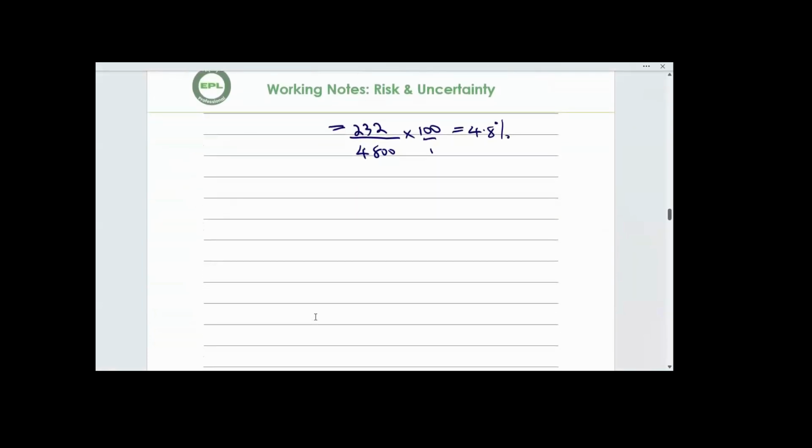So I would then say the investment proposal, the initial investment, should not increase beyond 4.8%.